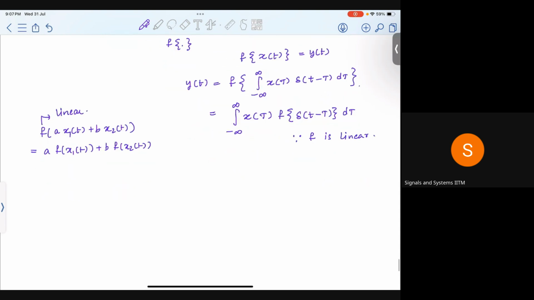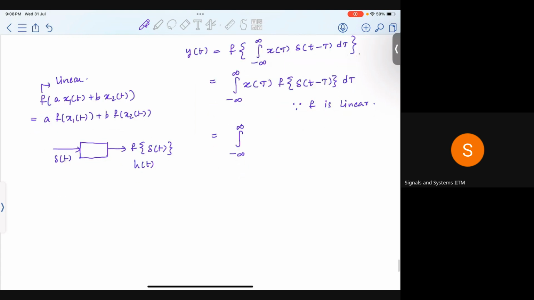Also, since f is time invariant, when you pass del of t, the output is f of del of t, which is h of t. And when you pass del of t minus t naught, the output will also be h of t minus t naught. This is the property of time invariance.